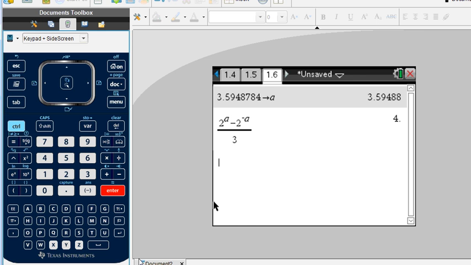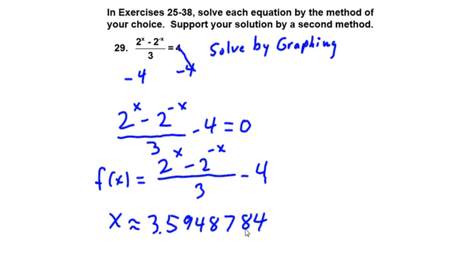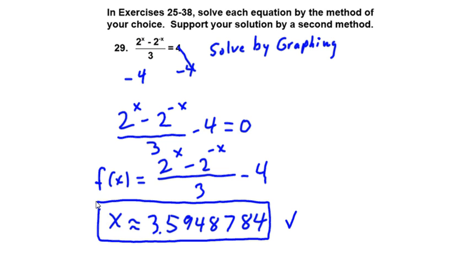And we get exactly 4 according to this calculation. So that's a check. The calculator thinks it's exactly 4, so I put the approximately equal to squiggle. There we have problem number 29.